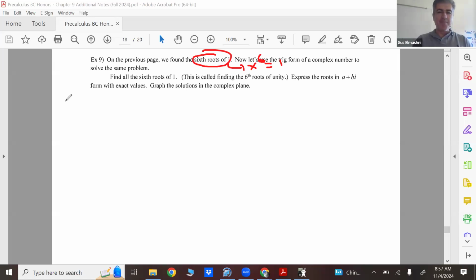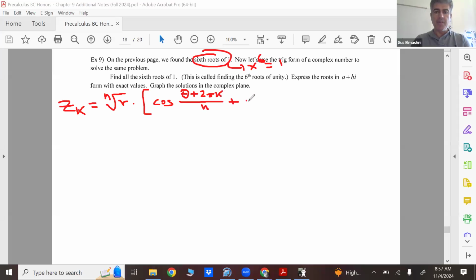All right, so Zk. Let me write the formula first. Zk is going to be the nth root of r times the bracket cosine of the fraction theta plus 2 pi k over n, plus i times sine of theta plus 2 pi k over n.